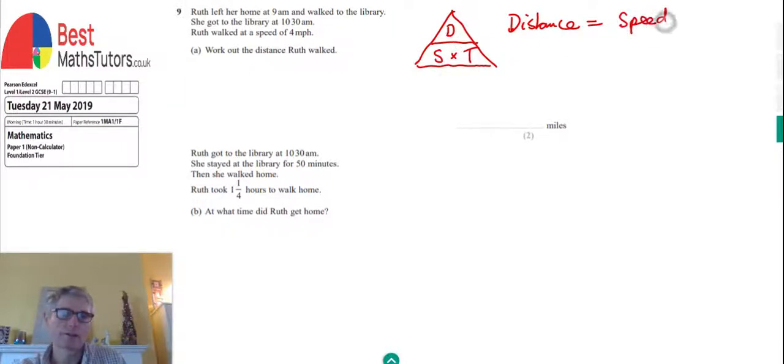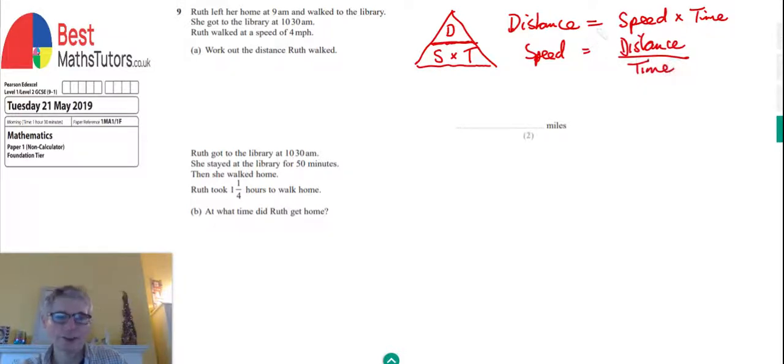Speed times time. And if I wanted any of the others, so if I want speed, for example, I'd cover up the S there on the triangle. That gives me my speed. And what I'd be left with would be distance, and then it's over, so it's like a fraction. So that's what this straight line is here, distance over time.